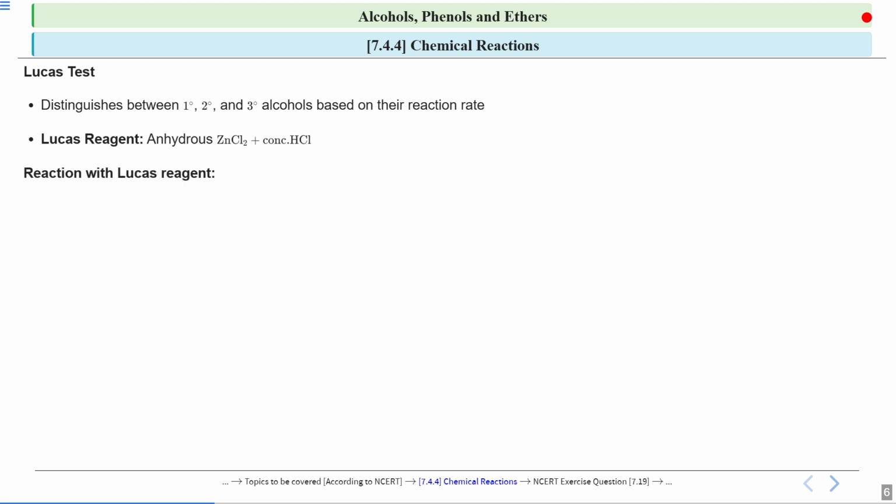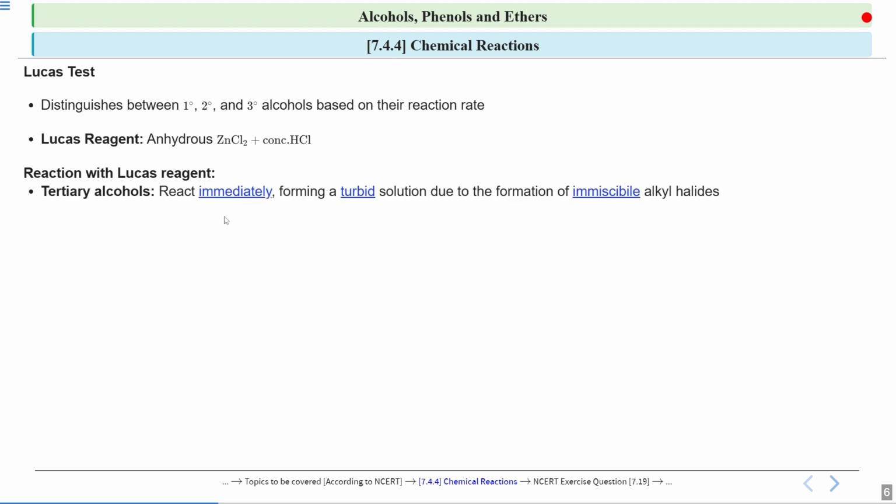Now primary, secondary and tertiary alcohols react differently with this Lucas reagent. Because they react differently, it can distinguish between primary, secondary and tertiary alcohols. So first let us see the reaction with Lucas reagent with tertiary alcohols.